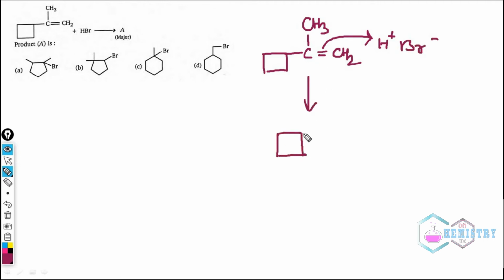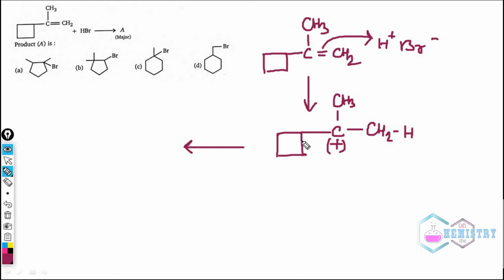This will look somewhat like that: C, CH3, CH2, H, and this is the carbocation. Now we all know that 4-member rings are not stable compared to a 5-member or a 6-member ring.